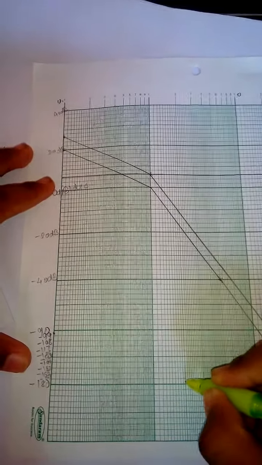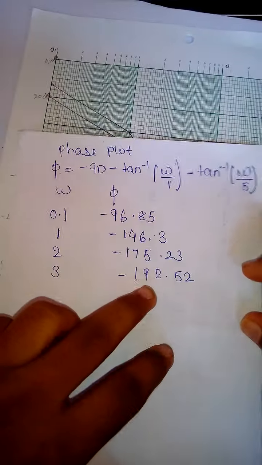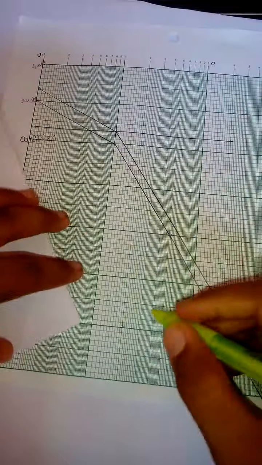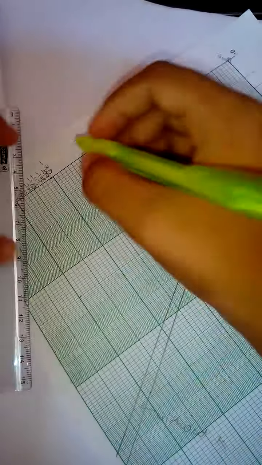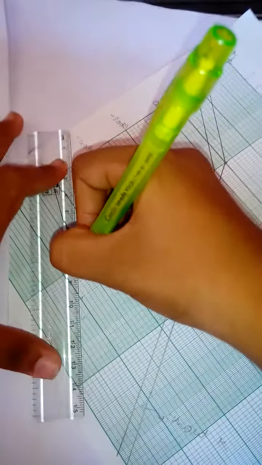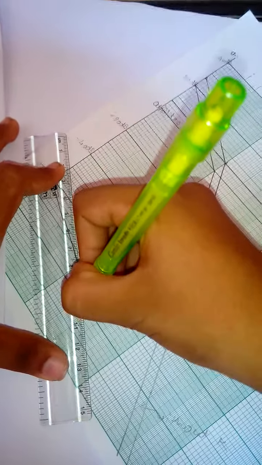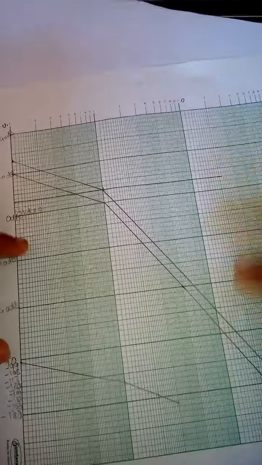Okay. 171, 180, 175. And at omega equals 3, it is minus 192. Omega equals 3, 192, somewhere over here. Now we are done with the phase plot also.